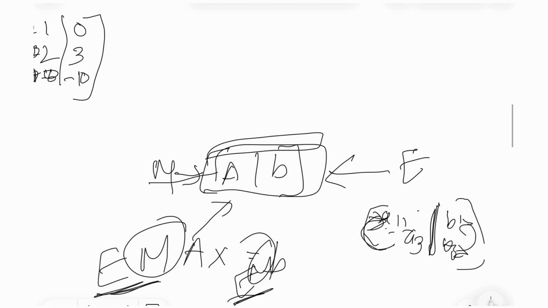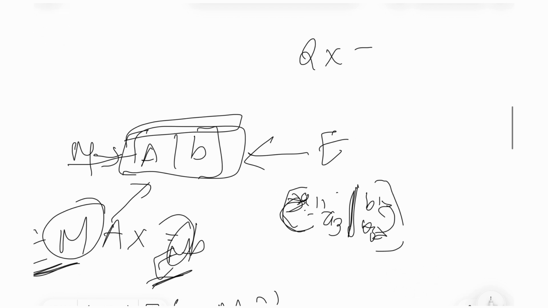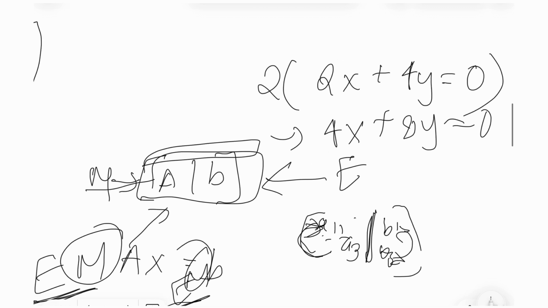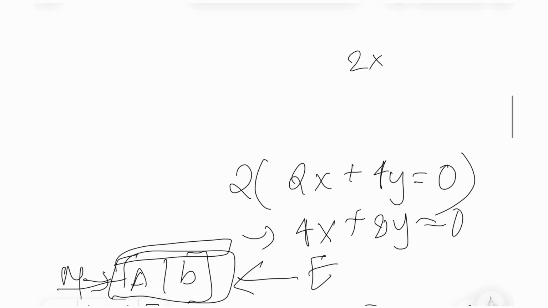Let's say for normal math, which is not linear algebra, let's say you had this equation. If I multiply the whole equation by 2, I'm not doing anything. The answer to x and y will still be the same. I've just multiplied by 2. We know this. Multiply by 3, 4, as long as I'm doing it on both sides, nothing's changing. And we use this to solve a pair of linear equations in two variables.